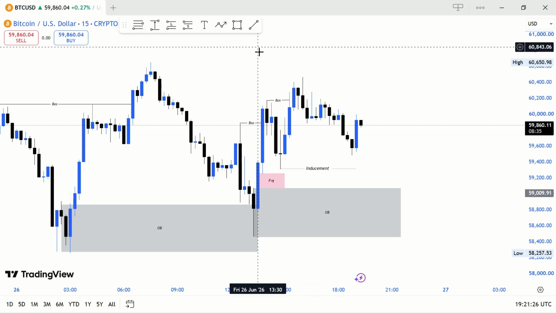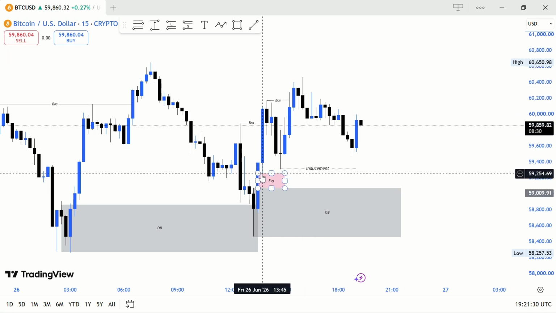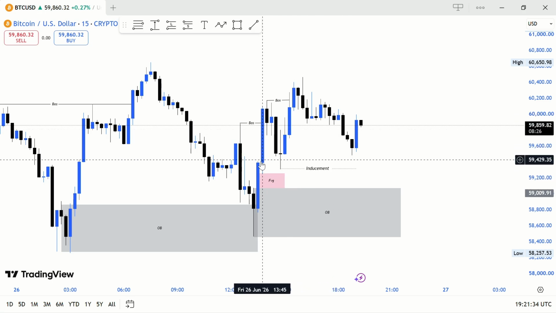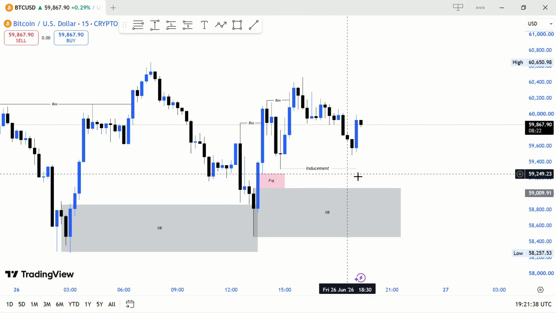But if it's just an ordinary liquidity, it should be around this area. This candlestick here should be our liquidity before this massive push to the upside. So this is our inducement.